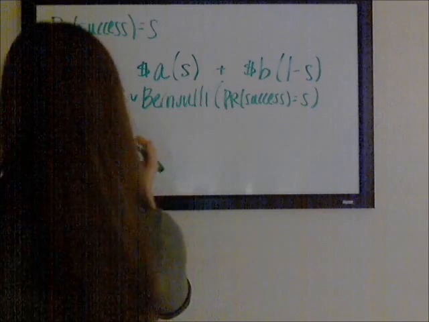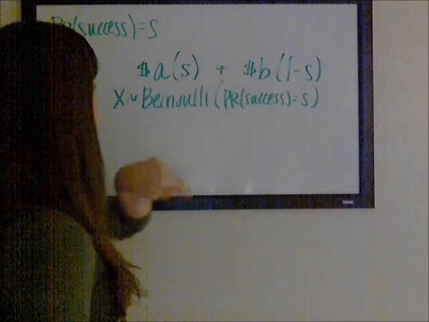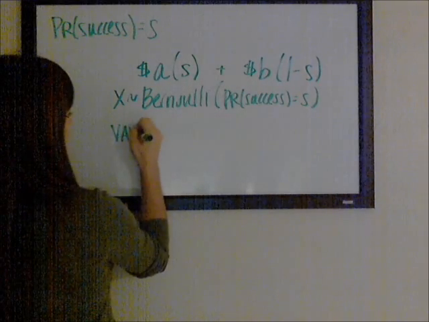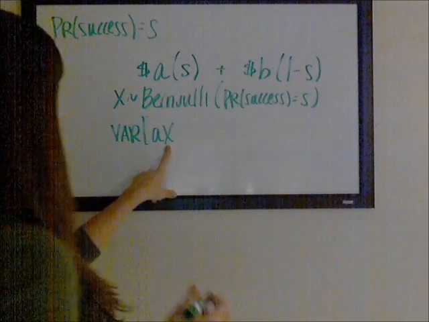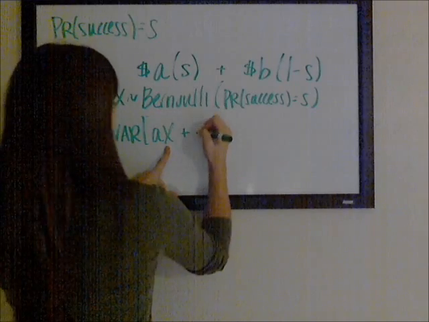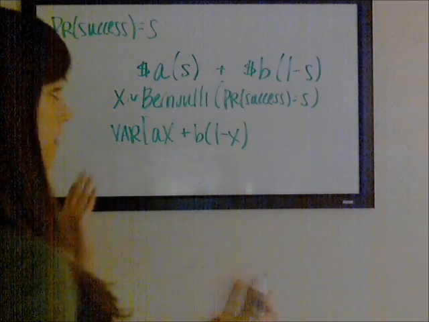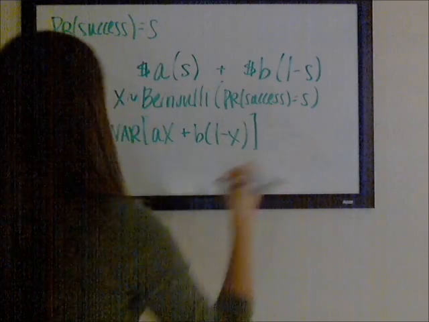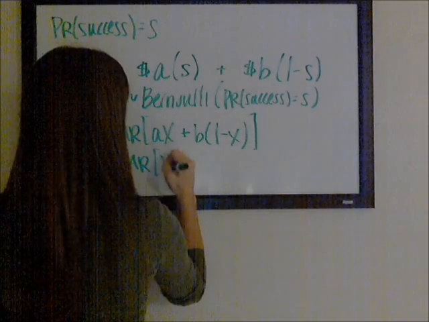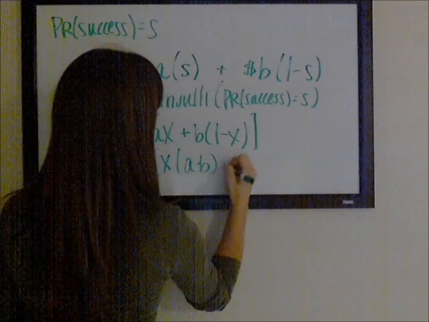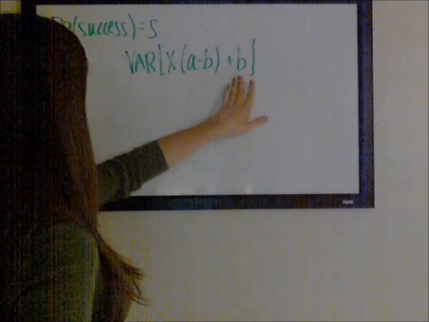Okay, so if I want to know the variance of the amount of money that I'm going to spend, I want to know the variance of something that has only two possibilities. Either I spend A or I spend B. So the variance of A times x, where x is either 0 or 1, plus B times 1 minus x, where 1 minus x will then be either 0 or 1, equals the variance of x times (A minus B) plus B. Now B is just a number, so the variance of B is going to be 0.